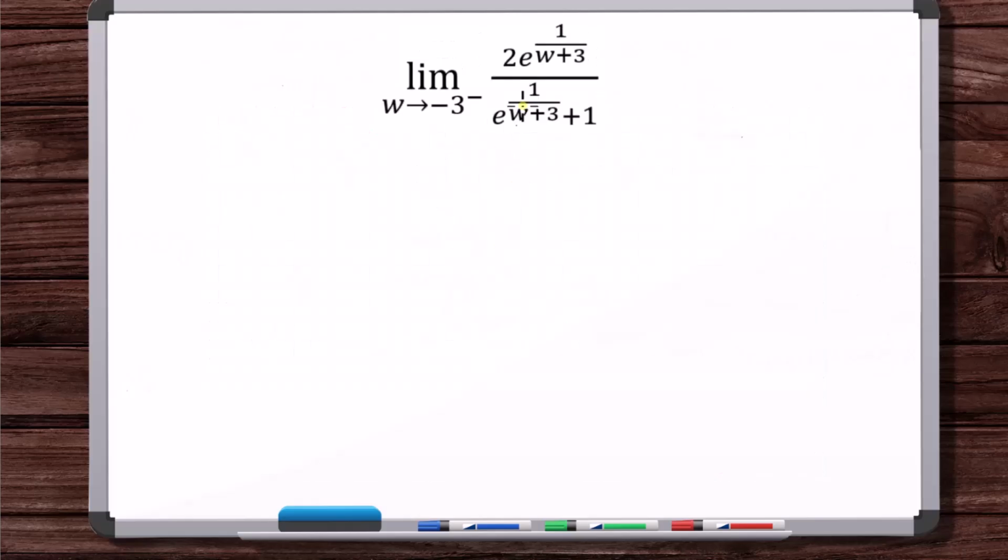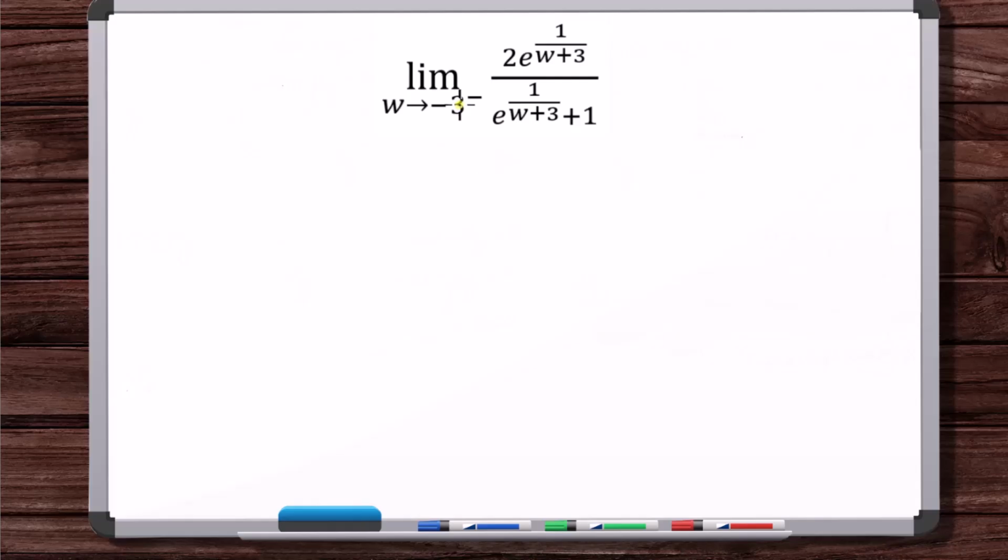Okay, the limit as w approaches minus 3 from the left of 2 times e to the 1 over w plus 3 over e to the 1 over w plus 3 plus 1. So, okay, as w approaches minus 3, these w plus 3s are going to 0.